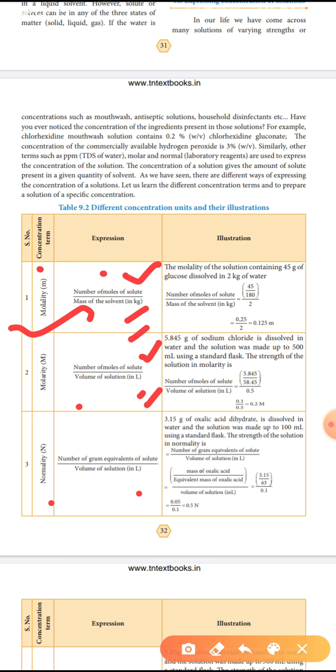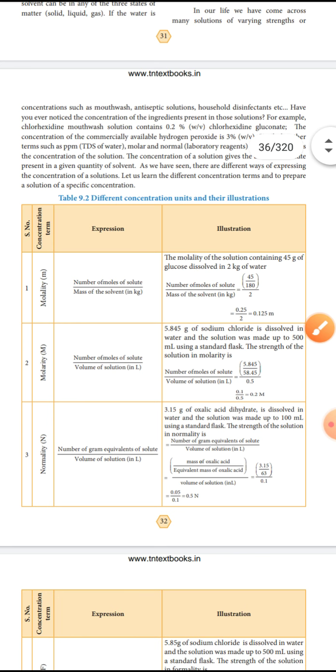So molality, see the problem, how to calculate the molality. Calculate the molality of the solution containing 45 gram of glucose dissolved in 2 kilogram of water. Given, 45 gram of glucose.